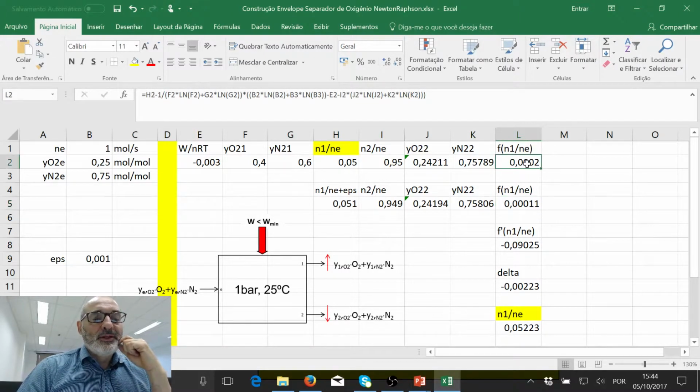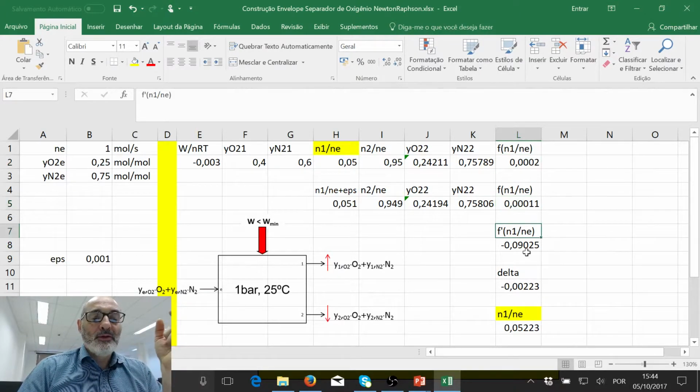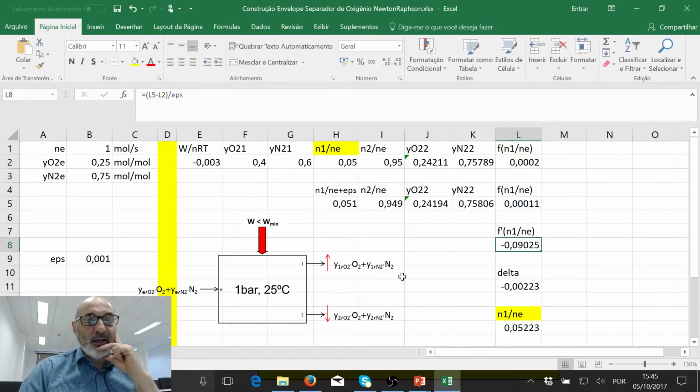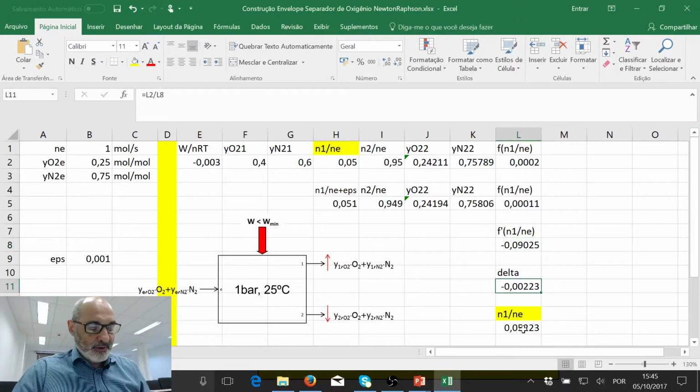This is the function without this disturbance. This is the function with the disturbance. Now I can calculate the derivative, which is this one minus this one divided by epsilon.